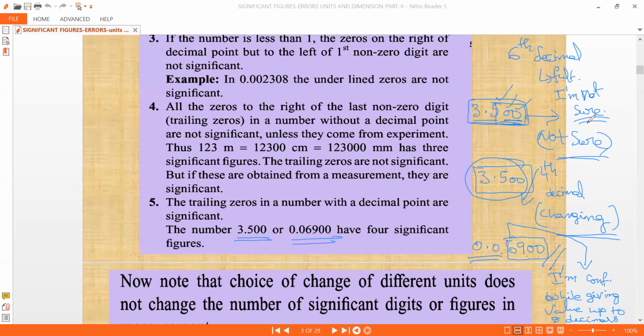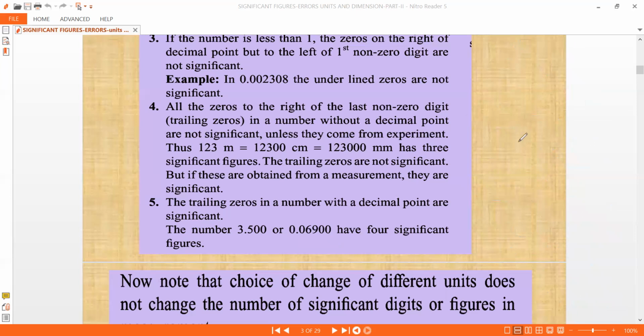When do I see this happening, sir? Yes, you can ask me that question. Suppose, these days we are seeing electronic balances. On the electronic balance, if you set it at the milligram level, then you would see this kind of fluctuation all the time when you go up to the 4th decimal.